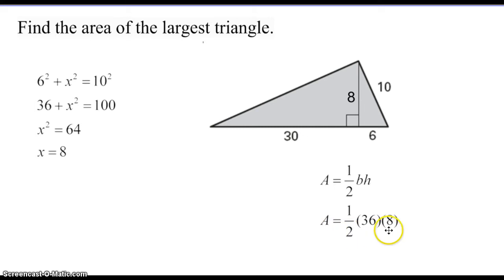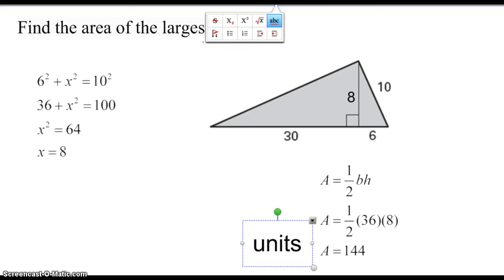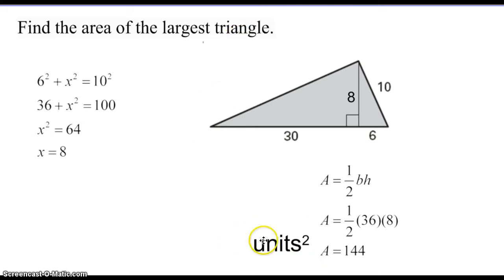Doesn't matter if you take half of 8, which is 4, and multiply it by 36, and our final answer is 144 units squared. And if I forget units, you can literally write it as units squared, and that would be my answer. I'm going to try to make sure that I have feet, inches, centimeters, millimeters, some sort of unit on a test or quiz.